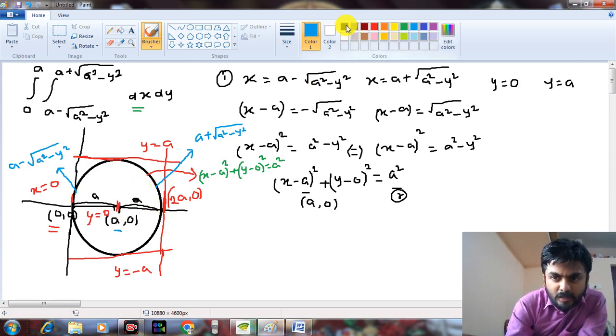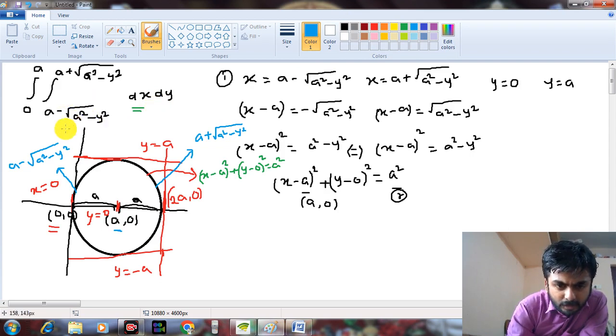So our region of integration is lying between, on the x side, this as the lower limit.